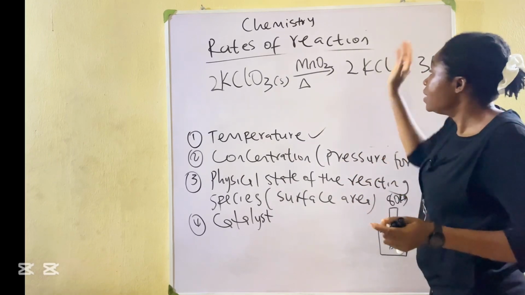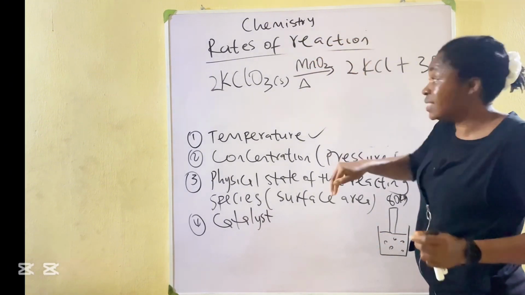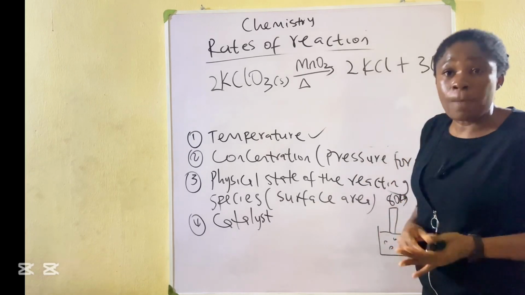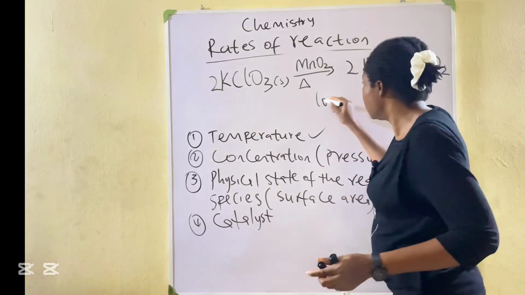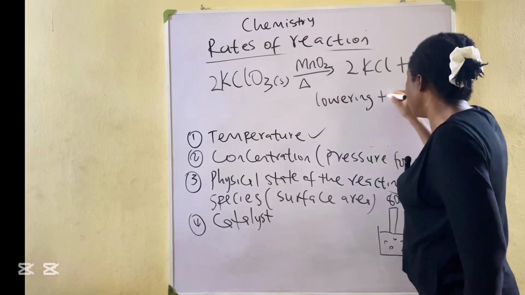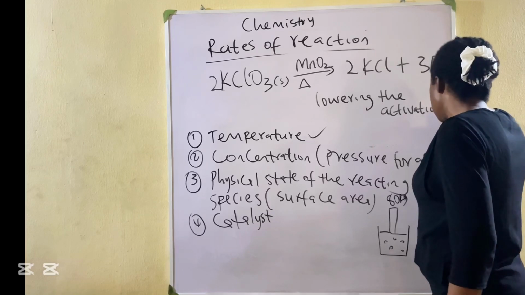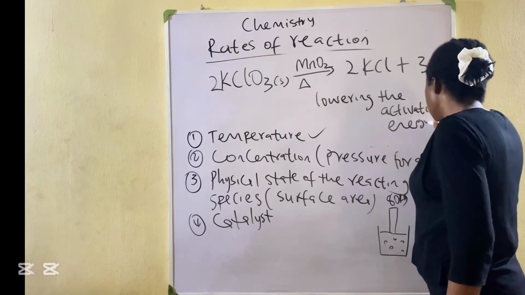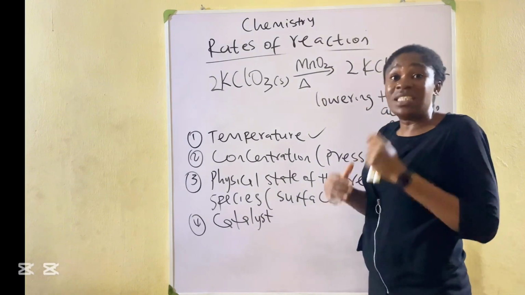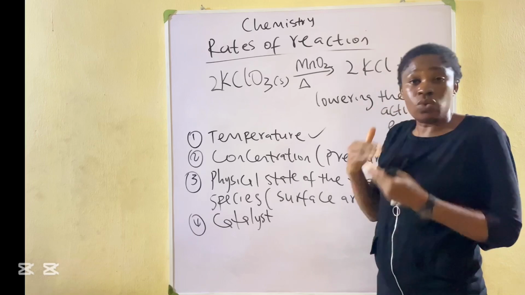At the end, you also get the same mass of manganese(IV) oxide that was added at the beginning of the reaction. So a catalyst increases the rate of chemical reaction by lowering the activation energy. That's a very important point. Remember, if the activation energy is very high, it will be difficult for the reaction to take place.